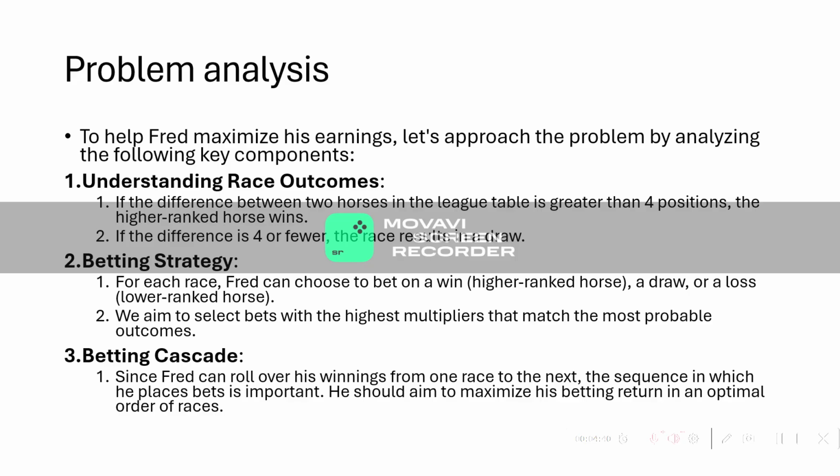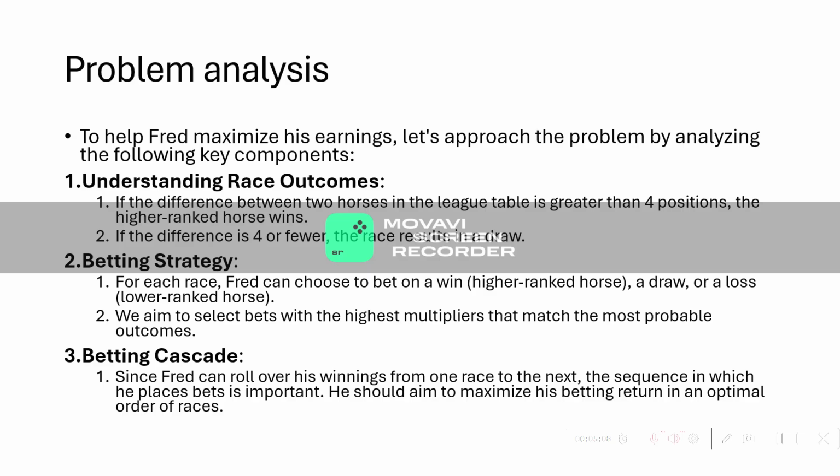If the difference between two horses in the league table is greater than 4 positions, then the higher ranked horse wins, because the lower ranked horse will give up when it is already 4 positions behind.